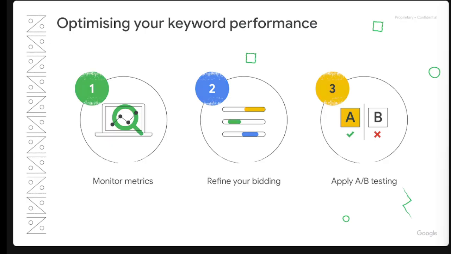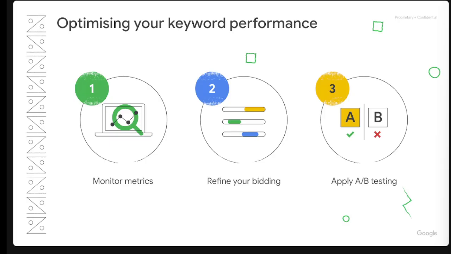Just to refresh your memory of optimizing keyword performance, remember that you should firstly monitor the key metrics such as click-through rate and conversion rate. Make sure to identify top performers and underachievers when it comes to keywords.